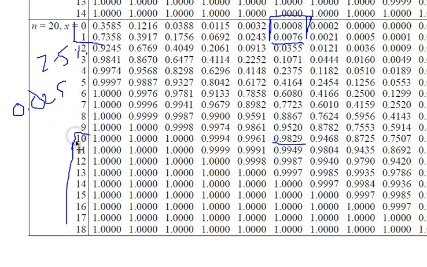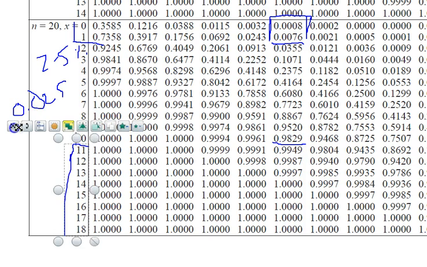So again, let's move this down. Let's check it. So the probability for 11 is going to be 1 minus the probability for 10.